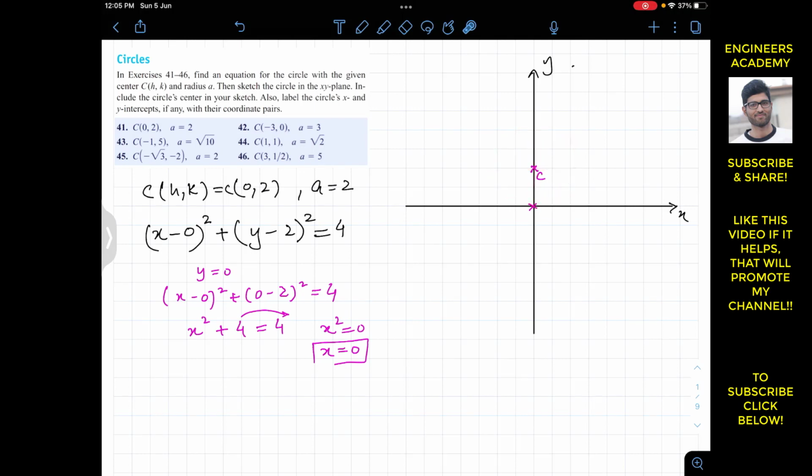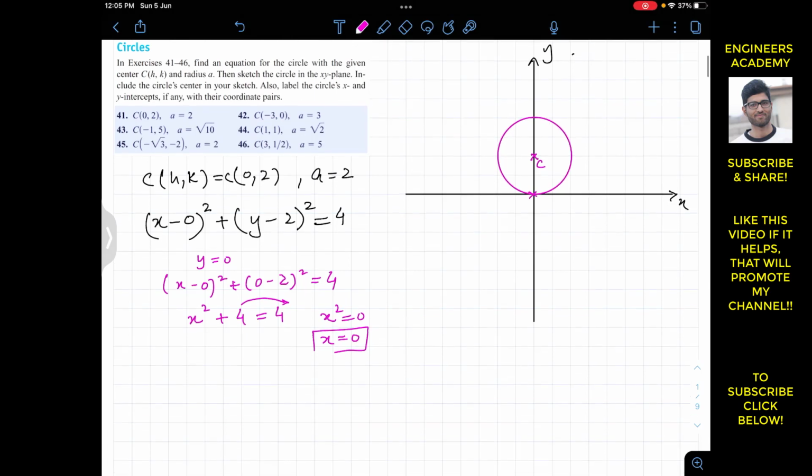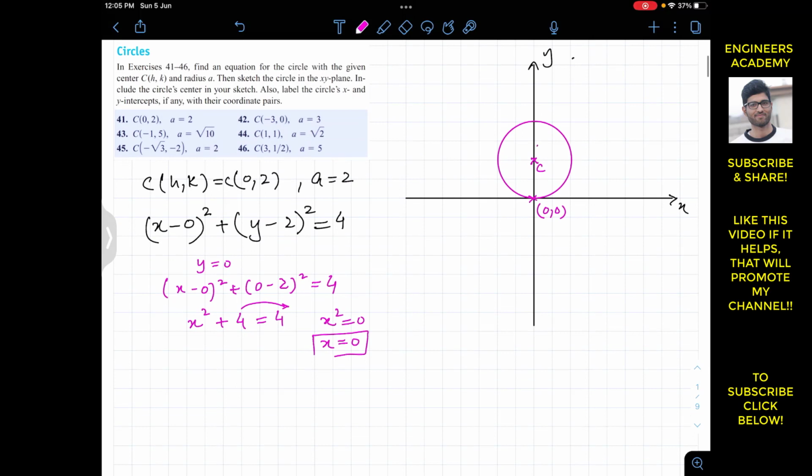So now let me draw that circle first. We will have the circle like this. We have that point here, 0, 0, and this is the center at 0, 2, and now this is the y-intercept.